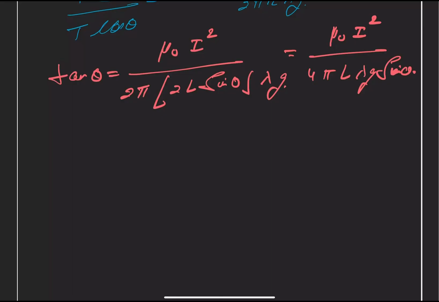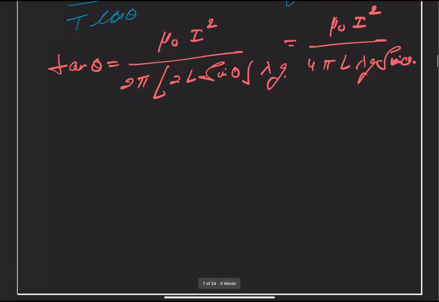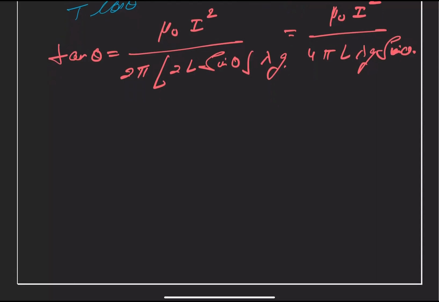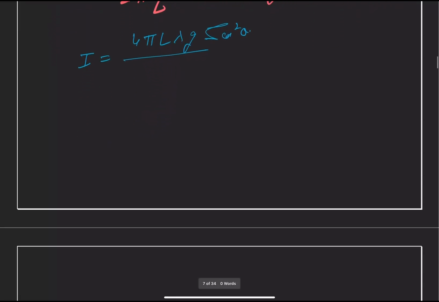and we have to solve it for the current. And yes, so tangent theta, once again we can write sine theta over cos theta, then this will be giving us sine square divided by cos, and directly we can write that our current I will be equal to, this comes as 4 pi L lambda g, and we get here sine square theta divided by mu naught cos of theta, and its square root.